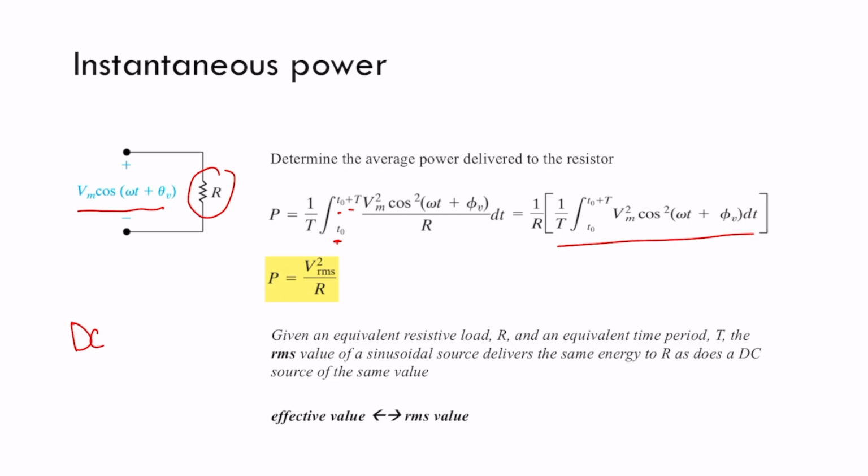So this V root mean square is basically this effective value. Sometimes it's also called the effective value, which is this root mean square value.